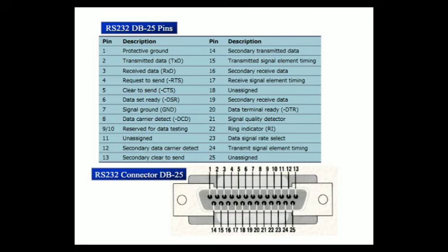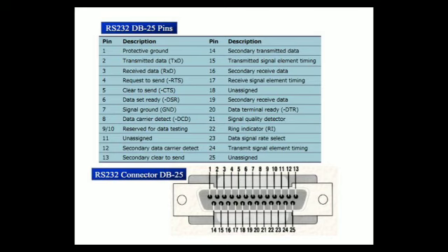Now you can observe that each pin in that DB25, as we call it, had a significance. Some of them are very important, like TXD, pin number 2, used for transmission of data. Pin number 3, reception of data, called RXD.